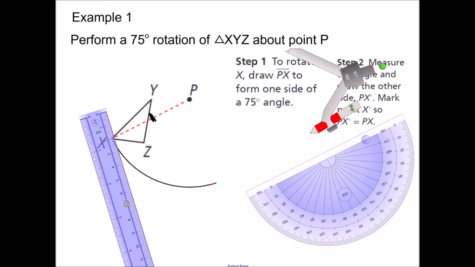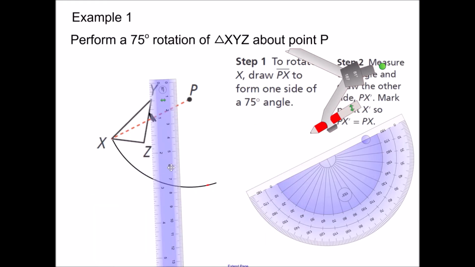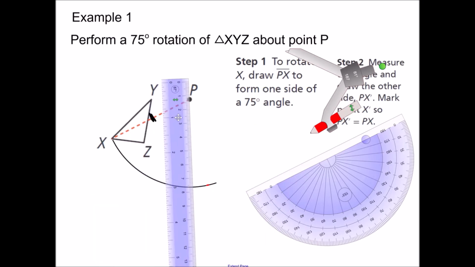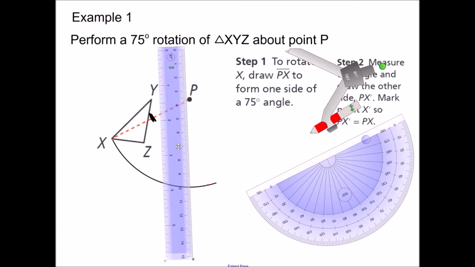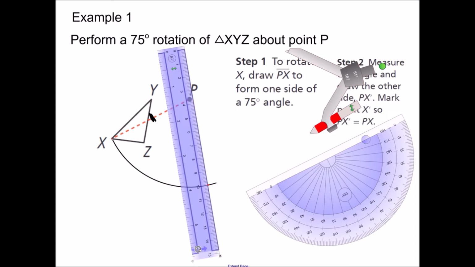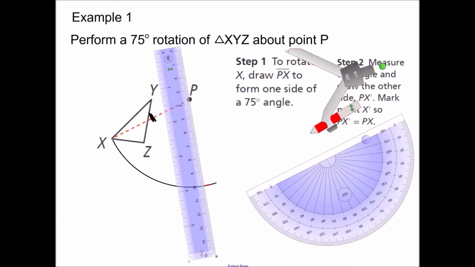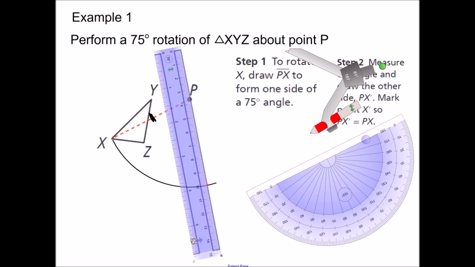Now, of course I can measure it, but sometimes measurements can be imprecise. That's why you want to use your tools here. All right, and then we're going to connect it with the straight edge here.